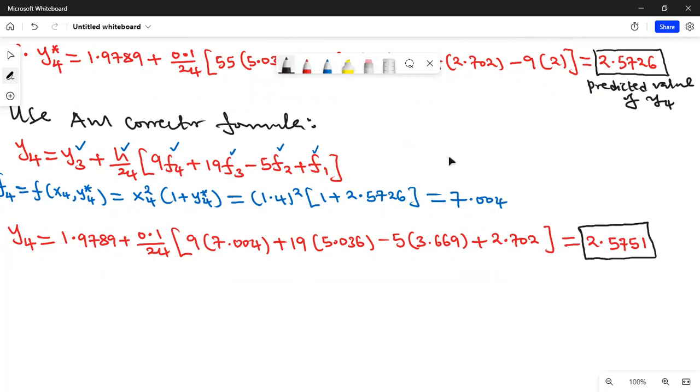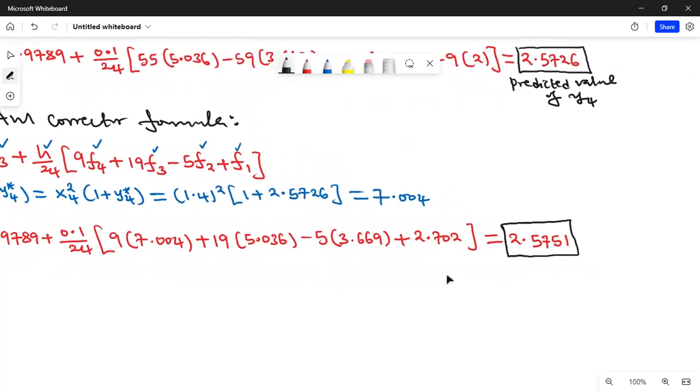So we can comment on this and say that this is the corrected value of Y4. And what it means is that it is the value of Y when X is 1.4. And that's what you are required to find.